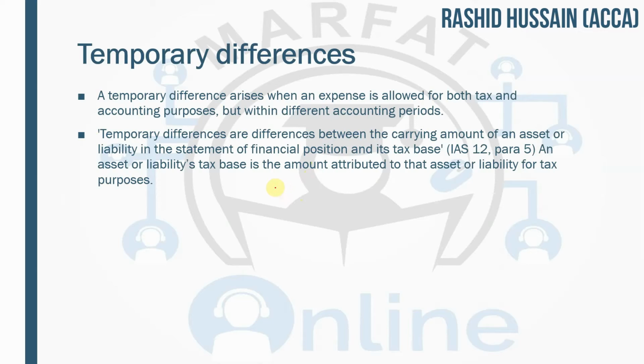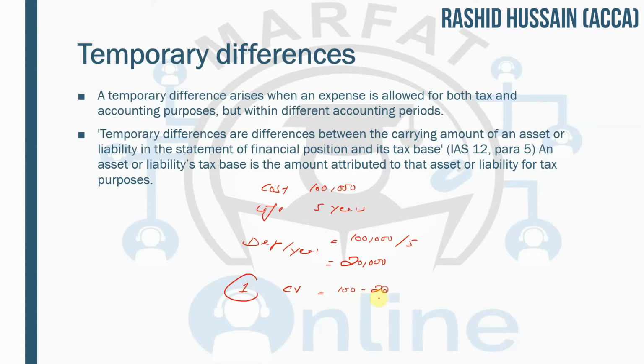For example, we have an asset, the cost of the asset is 100,000 and the life is, for example, 5 years. So what is going to be the depreciation charge per year? 100,000 divided by 5, the depreciation is 20,000. So in the first year, the carrying value of the asset is going to be 100 minus 20 is equal to 80,000. 80,000 is going to be the carrying value in the first year.